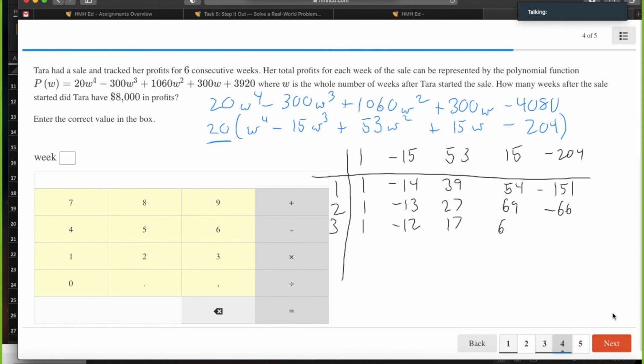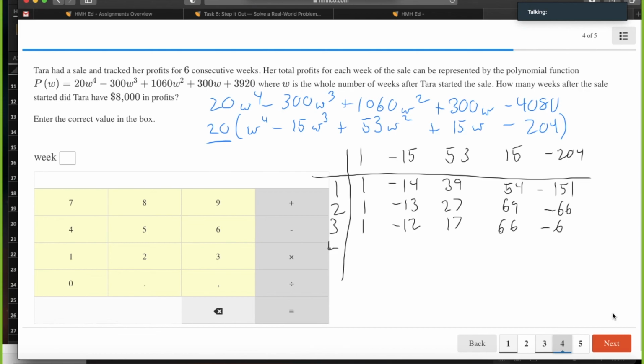So we got 66 here, times 3 minus 204, negative 6. I don't know, hopefully that's a good sign.